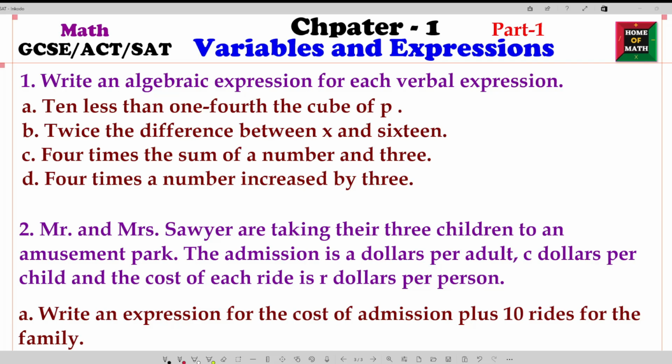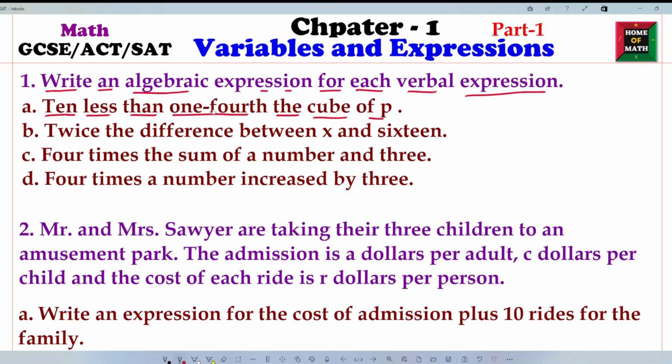First question. Write an algebraic expression for each variable expression. Number A. 10 less than 1/4 the cube of p.